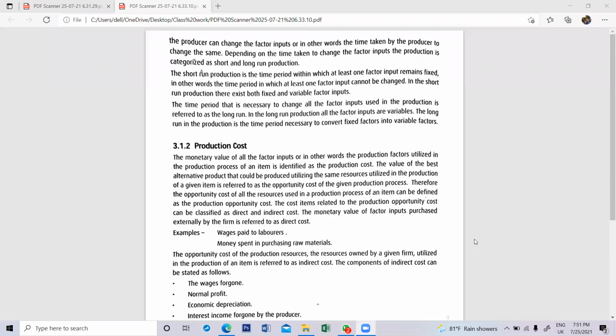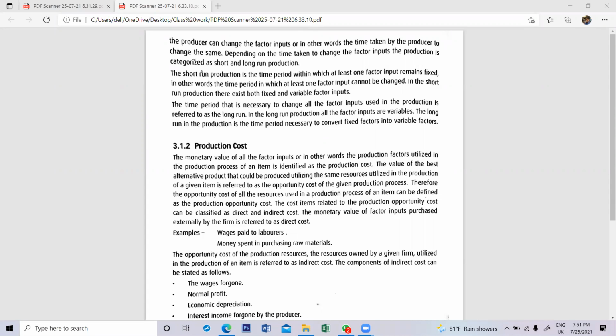It says that the producer can change the factor inputs. In other words, the time taken by the producer to change the same. Depending on the time taken to change factor inputs, production is categorized as short run and long run. So here, factors of production which are used in the production process, of course, can be changed from time to time.